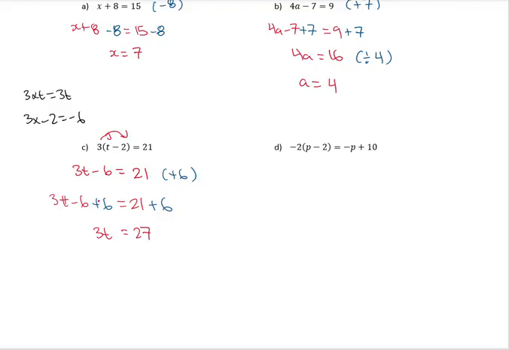Now -6 plus 6 turns into 0. And then 21 plus 6 turns into 27. And on the left-hand side, I'm still left over with 3t. So that's why I write 3t down there. Then finally, I just do the final step, dividing. Okay, so divide both sides by 3.